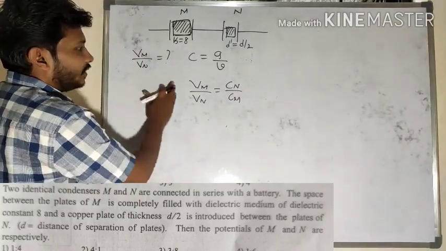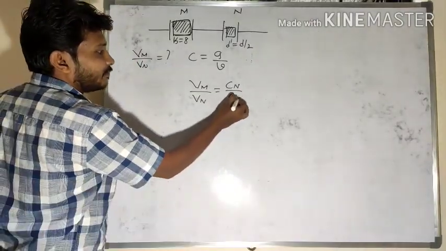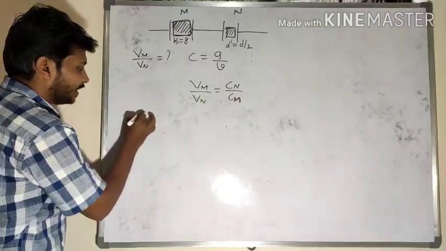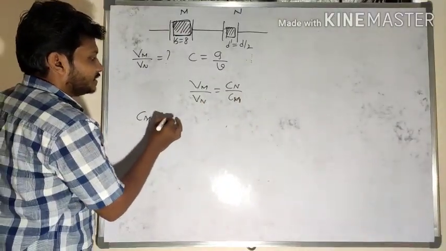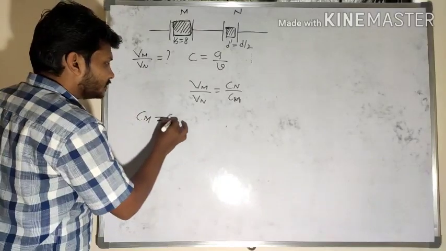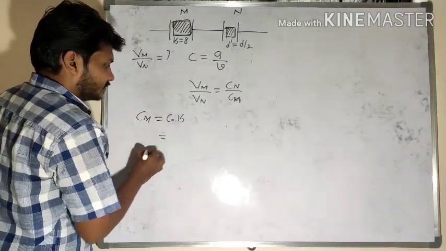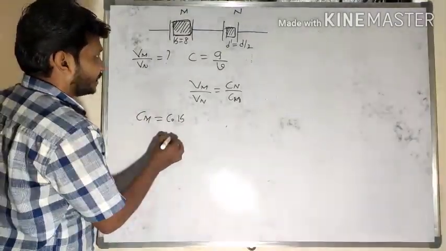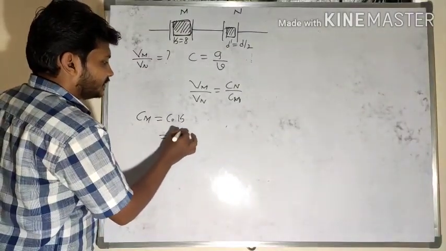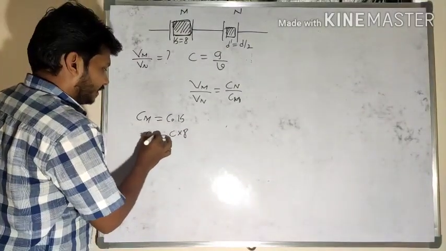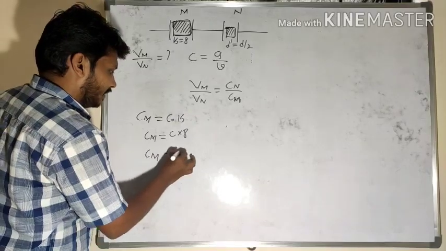So first let me find out the capacitance in case of plate M and in case of plate N here. So C is equal to C naught into K. K is nothing but 8, so in case of plate M, the capacitance is 8C here.